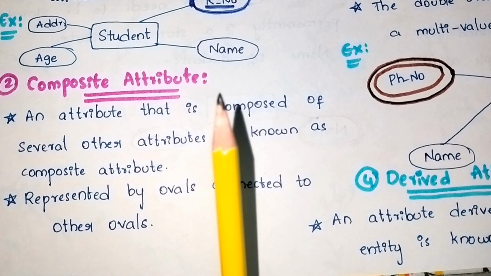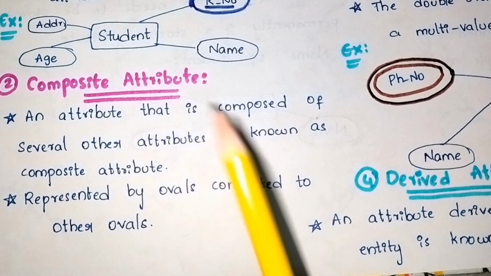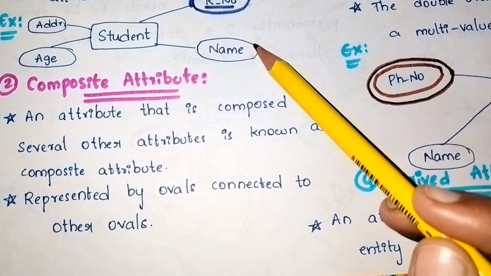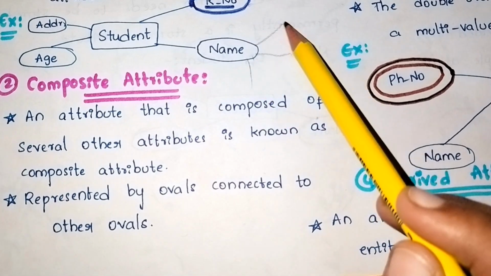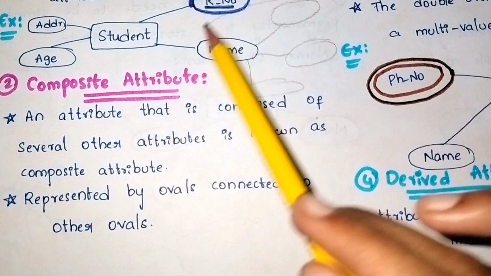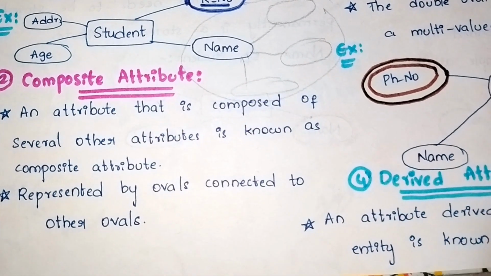Suppose in this example, name is an attribute. If we consider name to be further divided into first name, middle name, last name, this kind of representation can be considered a composite attribute.